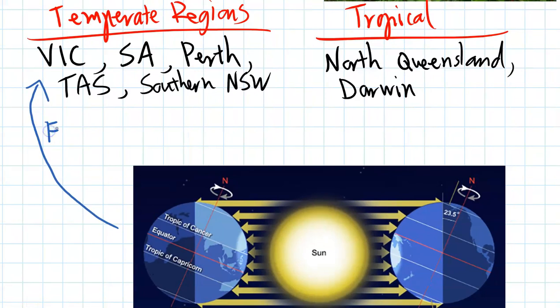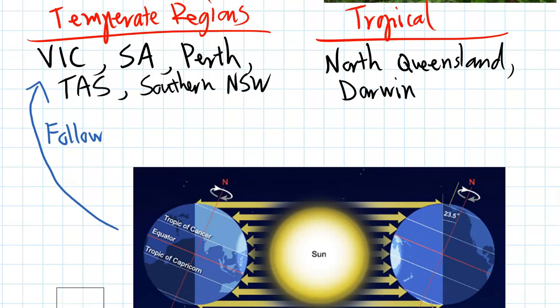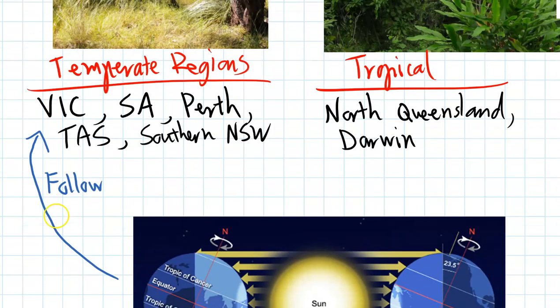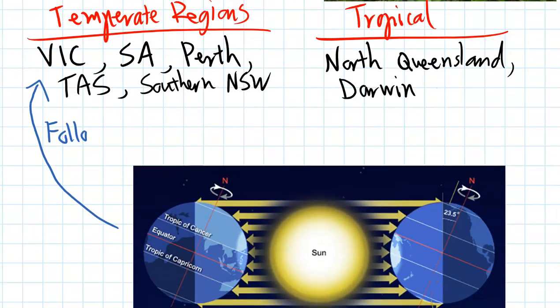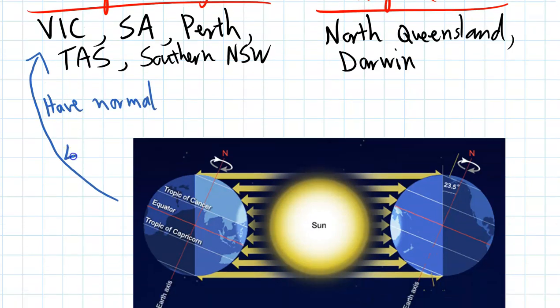So everything we've learnt so far about the tilt of the Earth causing seasons only applies in temperate regions. So they follow the 4-season model, or we can say that they have the standard 4 seasons that we're used to having anyway.